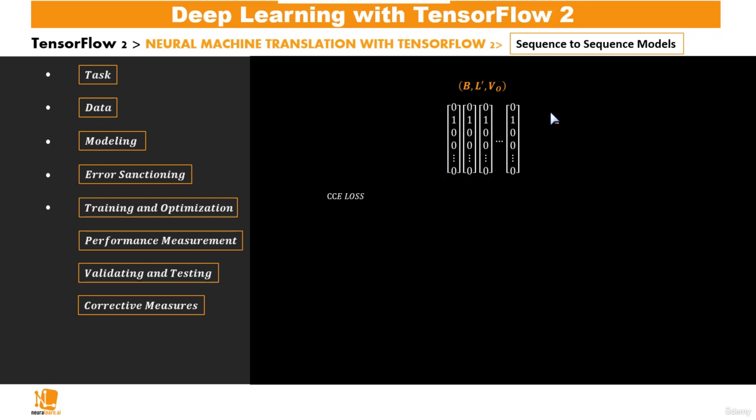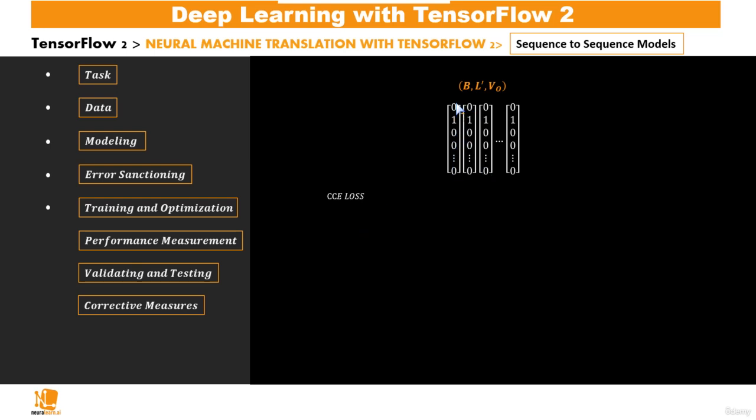Now with this tensor for each batch, we could calculate the loss, and this loss is given as the cross entropy loss or the categorical cross entropy loss, because in this case we have several categories to choose from.